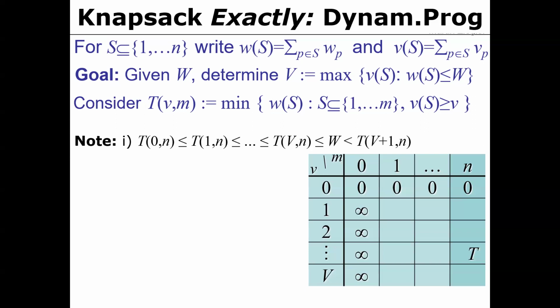And then by the very definition, we can read off the answer to the maximization problem by checking when is the first time that the weights here increase. The least weight to attain value v, when is the first time that these entries in this last column exceed the weight bound capital W?